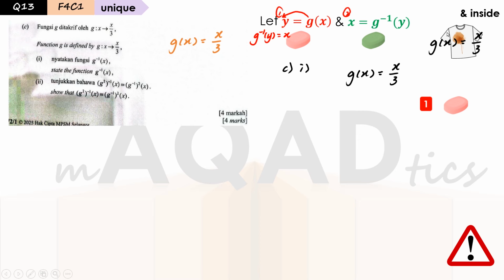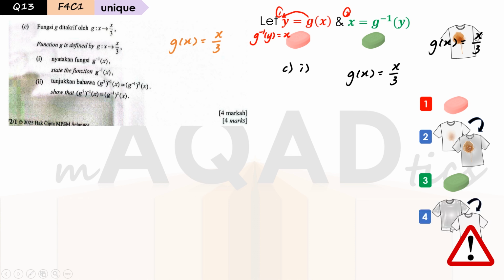Once the outside of the shirt is clean, then we go to the second step, which is to flip the shirt inside out, to access the inside of the shirt. Once we have access to the inside, we can apply the second soap to clean the inside of the shirt. Now the outside and inside of the shirt are clean, so we can go to the last step, which is to flip back the shirt.